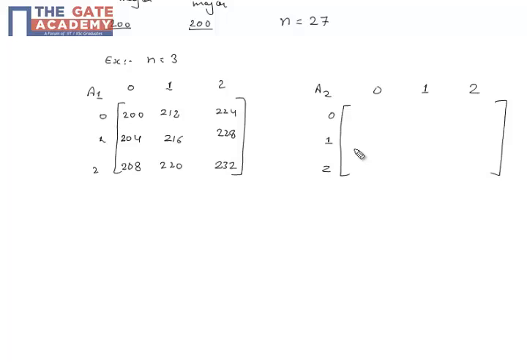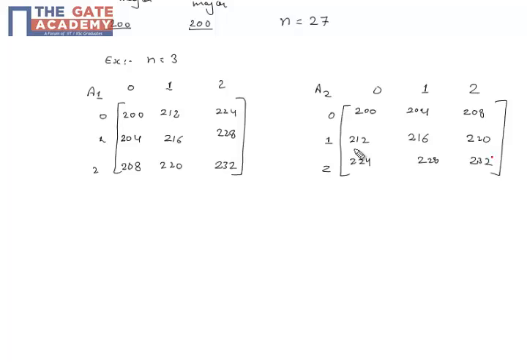That means I first store all the items of a row: 200, then 204, that is 01, and then the next item 02 will be stored at 208. I store a complete row first, then go to the next row. So 212, 216, 220, 224, 228 and 232.